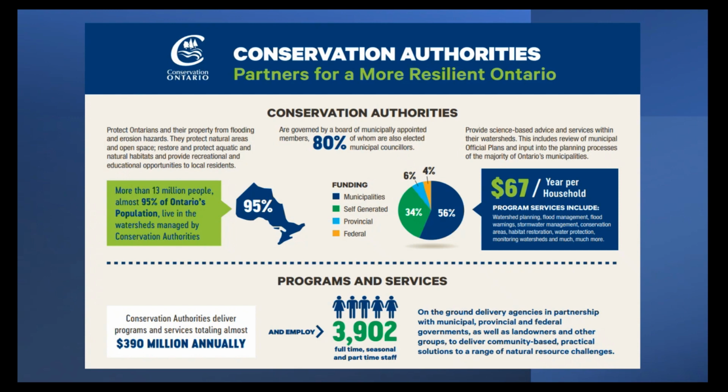Conservation authorities deliver programs and services totaling almost $390 million annually. And we provide on-the-ground delivery and partnerships with our municipal, provincial, and federal governments as well as landowners and other groups to deliver community-based practical solutions to a range of natural resource challenges we face today.